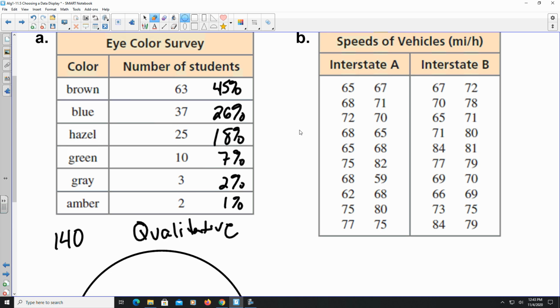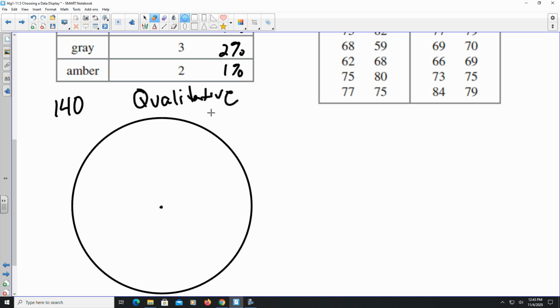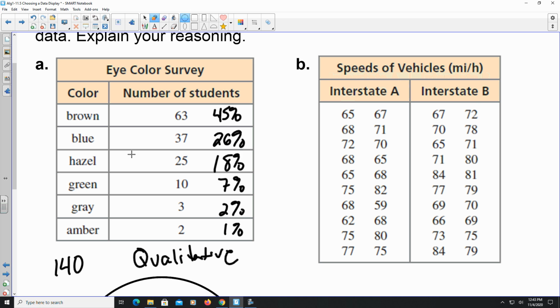Since a circle is 360 degrees, to get the correct spacing for each piece of data as accurately as possible, you take the percentage as a decimal and multiply it by 360. That gives you the degrees for the circle graph. So 45%, which is 0.45, times 360 gives you 162 degrees.